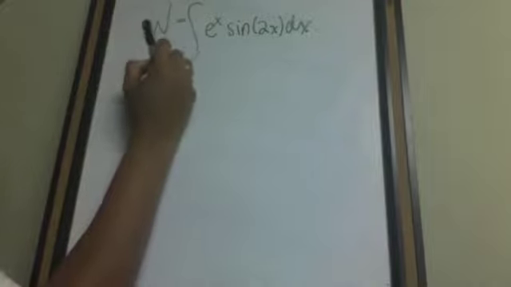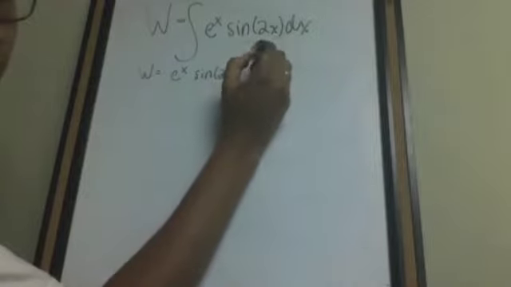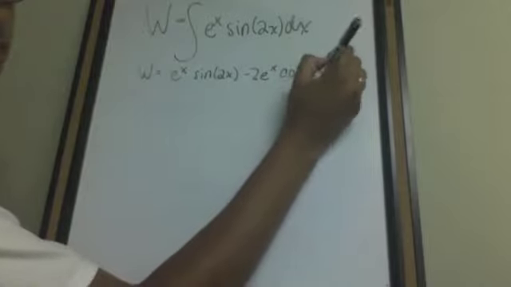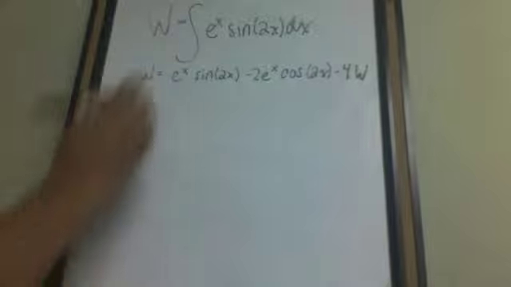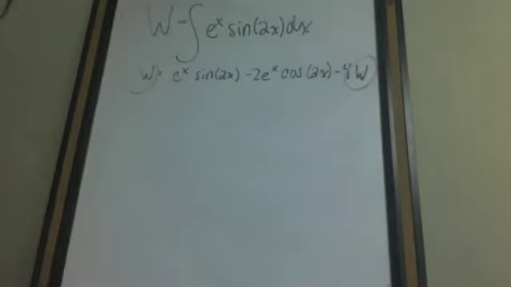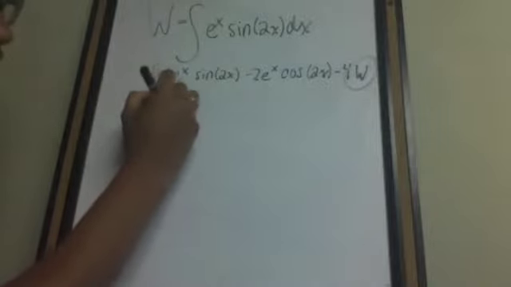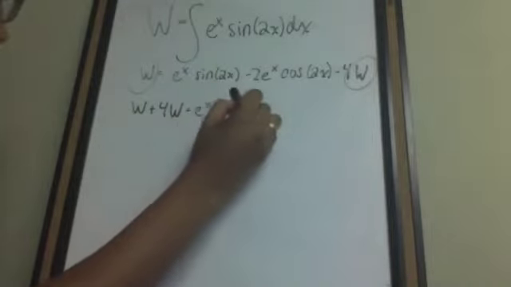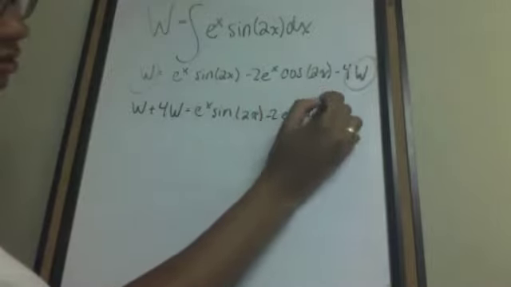And so w equals e to the x sine 2x minus 2 e to the x cosine 2x minus 4w. And we're solving for w here. And so now I have w plus 4w equals e to the x sine 2x minus 2 e to the x cosine 2x.